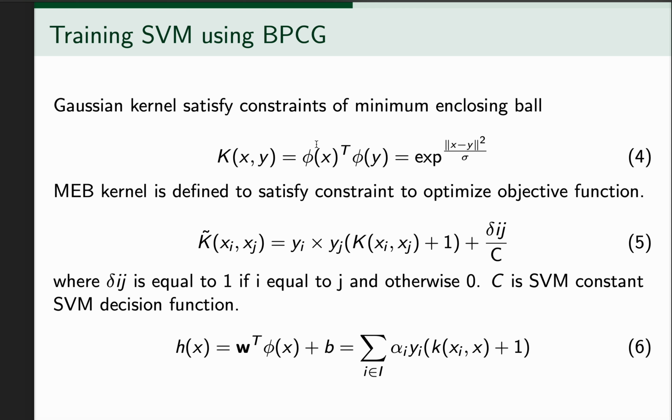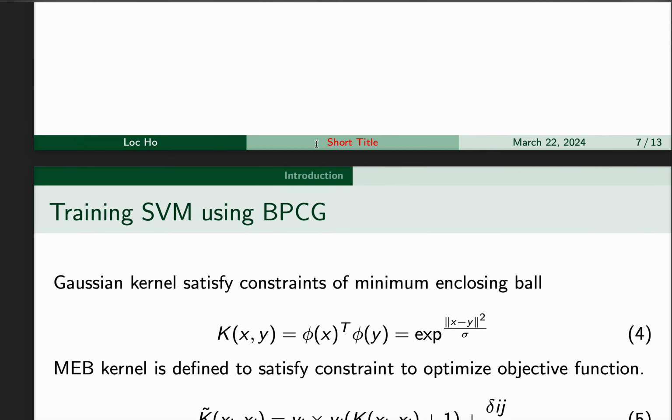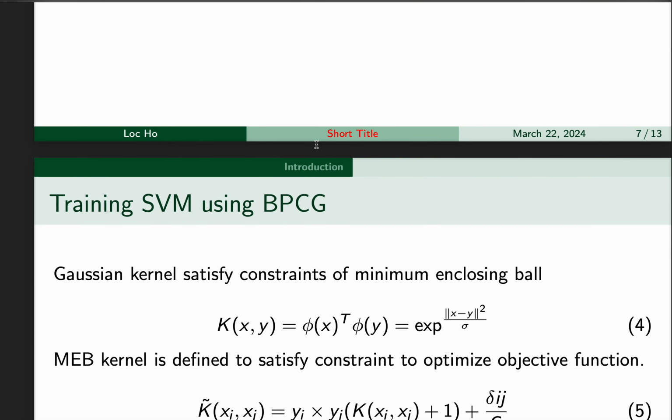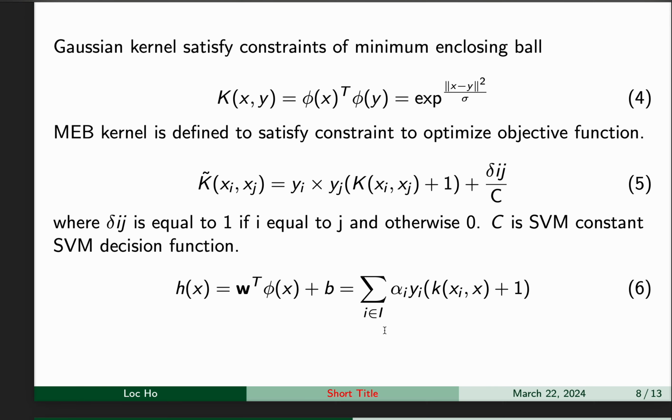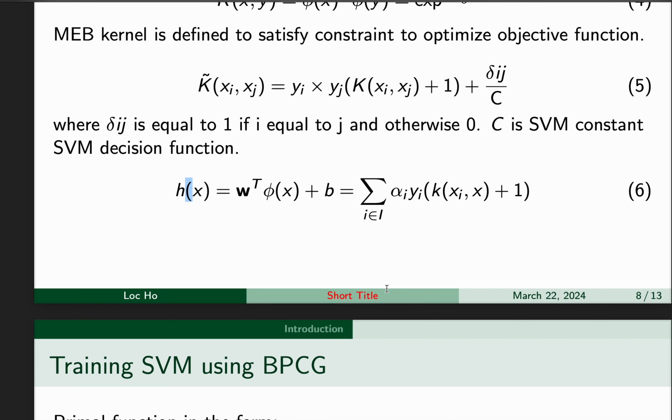After the optimization on equation 3, we get alpha, and we can derive the SVM decision function from alpha and kernel K. We can see the decision function of the SVM is calculated as in equation 6.